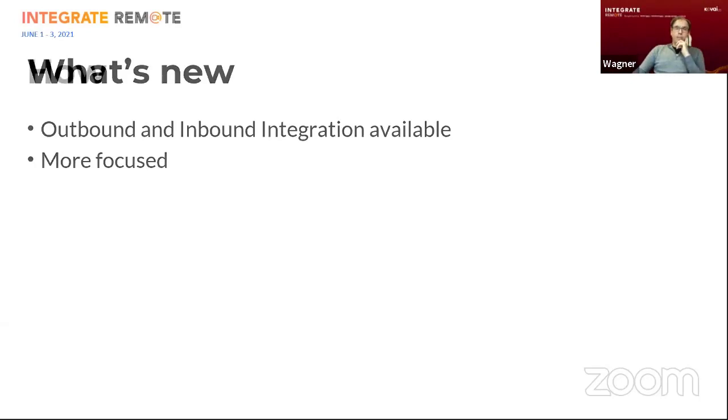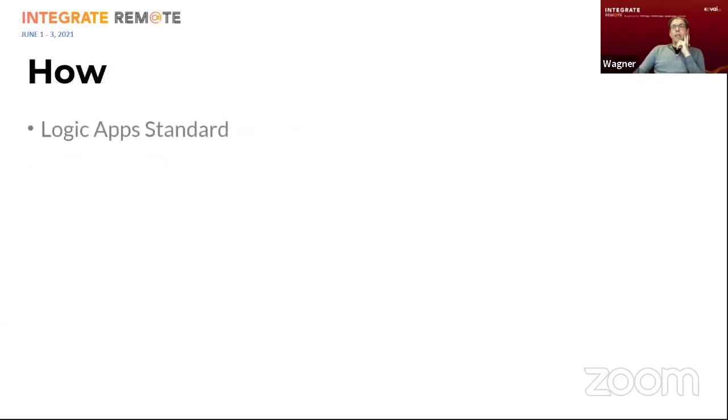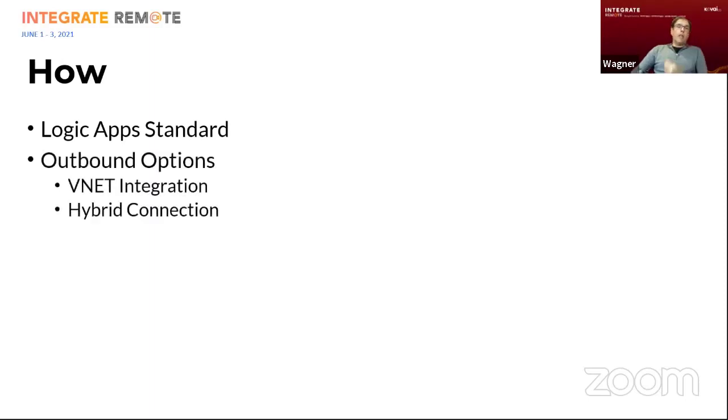How can you do that? Basically using Logic Apps Standard. And inside Logic Apps Standard, you have a couple of outbound options. You have VNet integration, and you have hybrid connection, which is a kind of evolution of what the on-premises data gateway would give you.